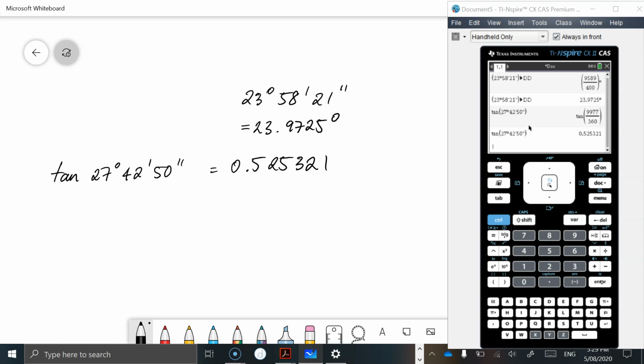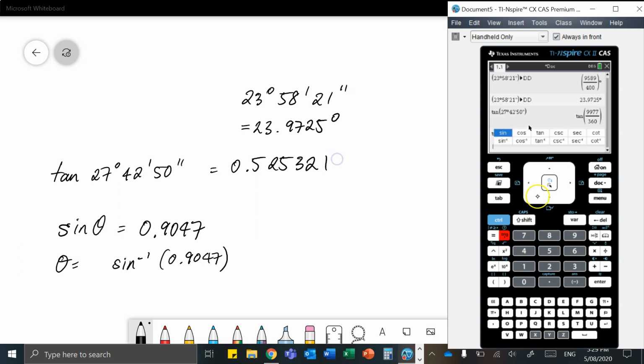Then if we were going to do the reverse and work out the angle theta, let's say we have sine of theta is equal to 0.9047. We know that theta is going to be the inverse sine of 0.9047, close brackets, hit enter, and we get 64.7829.